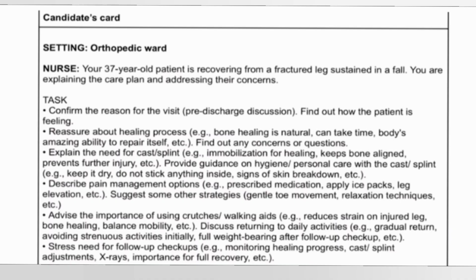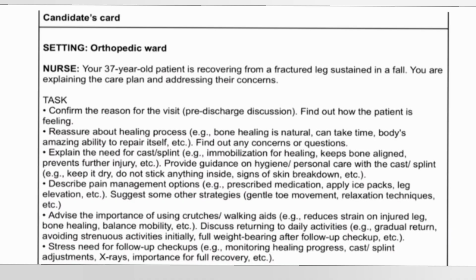Miss Susan, it is also imperative for you to use crutches and walking aids to reduce strain on your injured leg and improve your bone healing, as well as the balance. It will help you in mobility and balance.